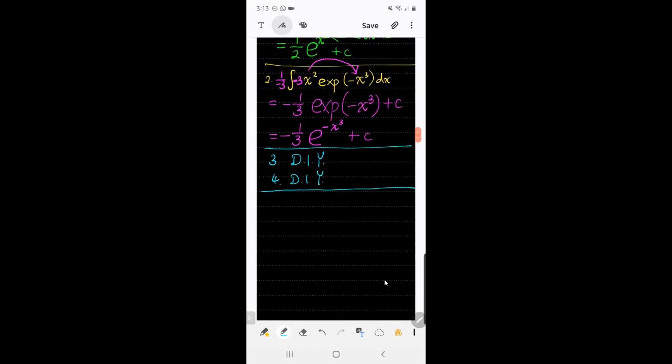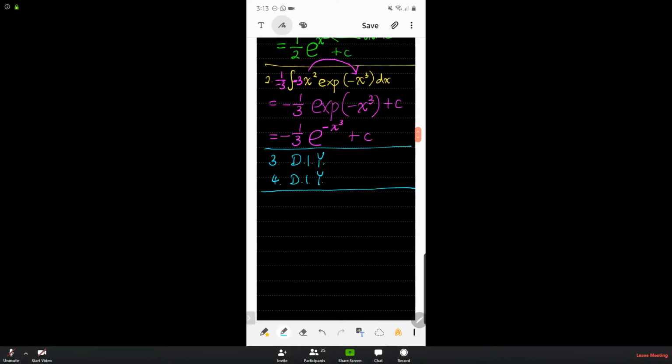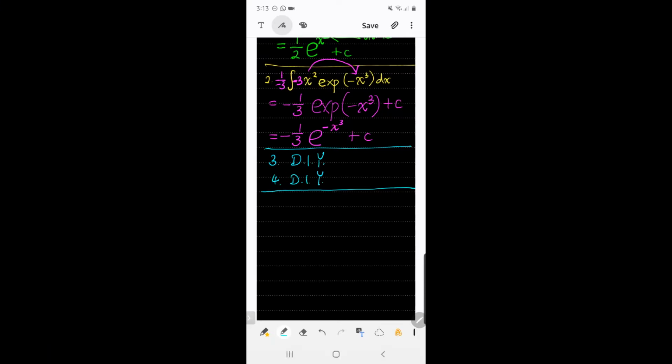Then after that, we look at the next theorem. Now, the next theorem is actually power rule. This next theorem is quite important. Power rule for integration.